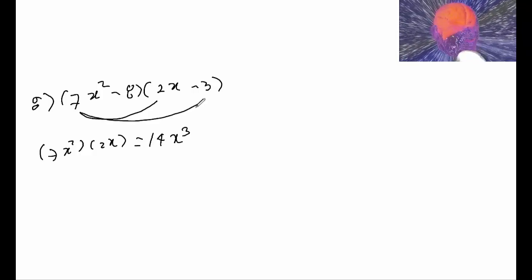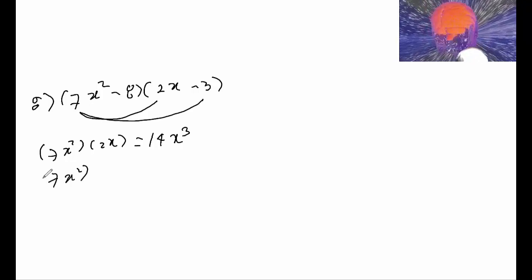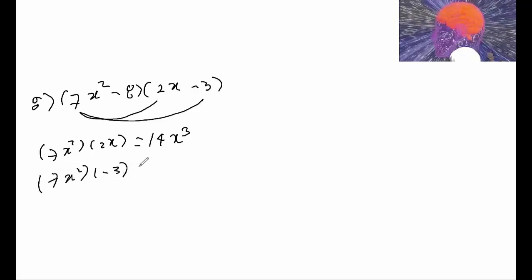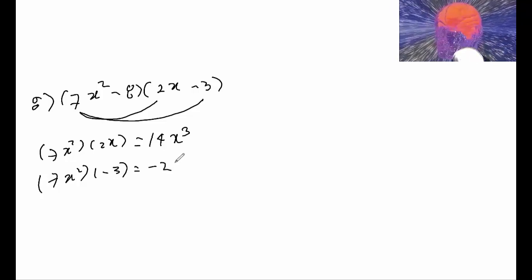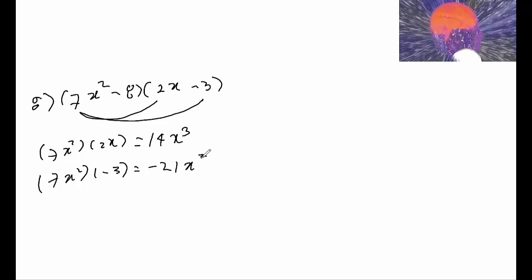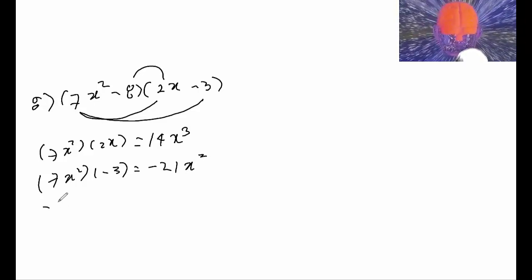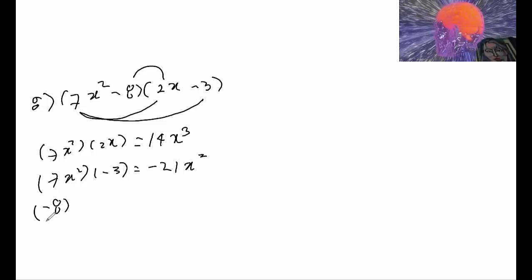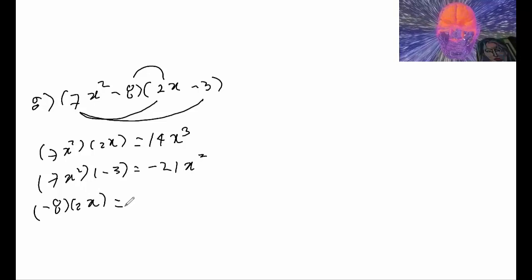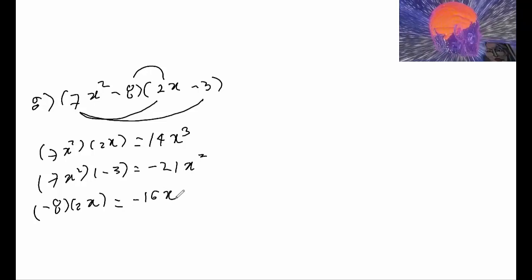7x squared times negative 3, and that will give us negative 21x squared. Then we have negative 8 times 2x, and that will give us negative 16x.